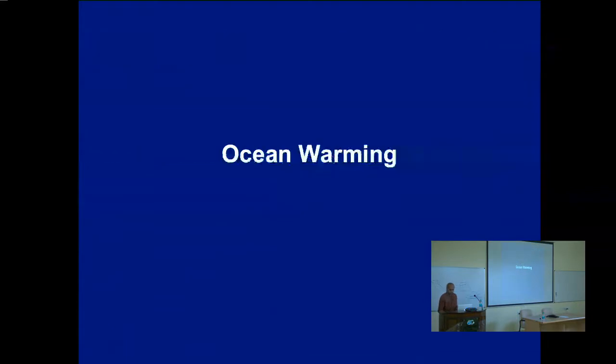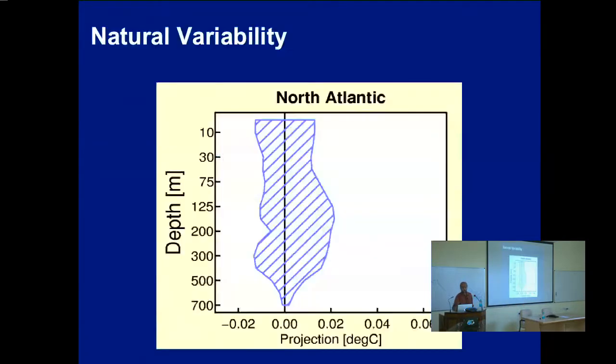Okay? So, and then there's also some work on ocean heat content changes, ocean warming. So we started out at the surface, sea surface temperature, and now we're going deeper into the ocean. So what we've looked at is what's called the upper ocean. Okay? So we've discussed how your noise is what's called natural variability or internal variability, right?